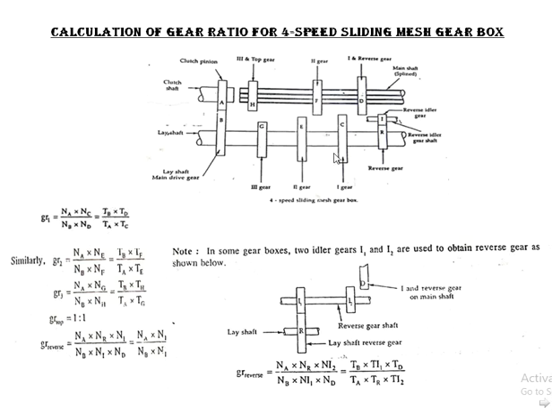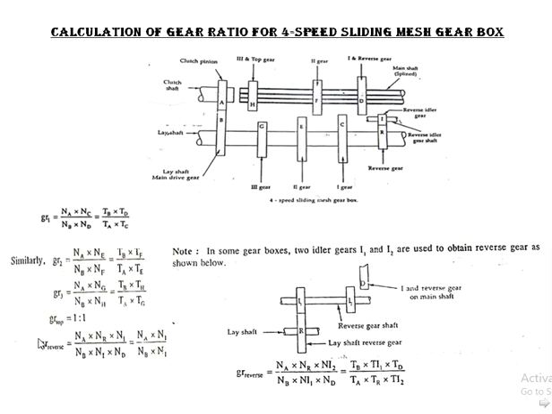Similarly, the second gear transmits from the clutch shaft to the lay shaft, to the second gear E on the lay shaft, to the second gear F on the main shaft here. Power goes in this direction.